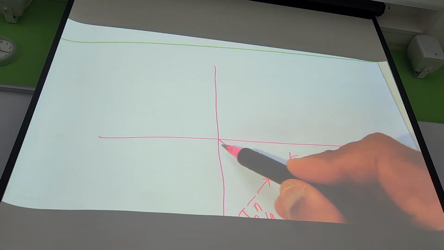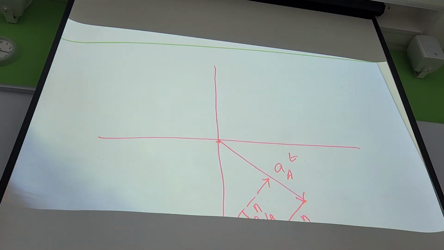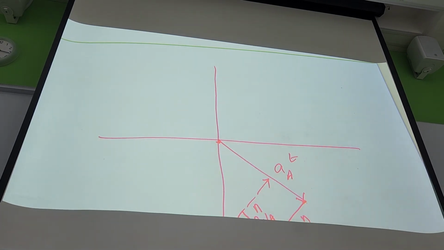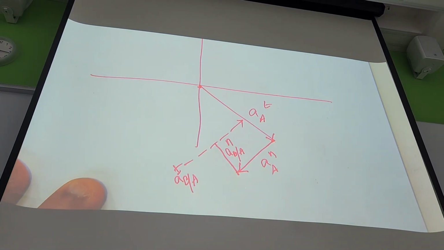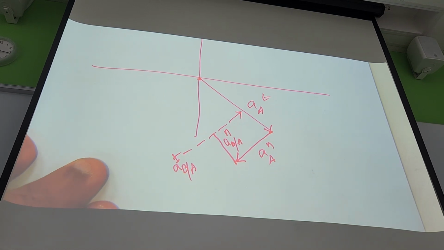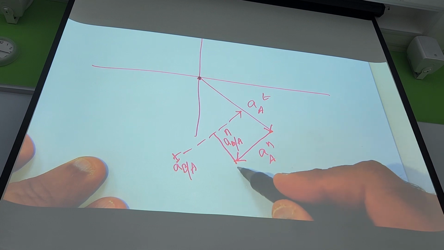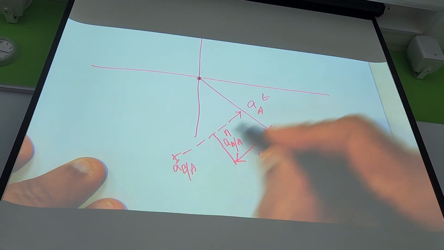Now from the origin, you need to draw B. So this is A tangent, A normal. This is BA normal, BA tangent.